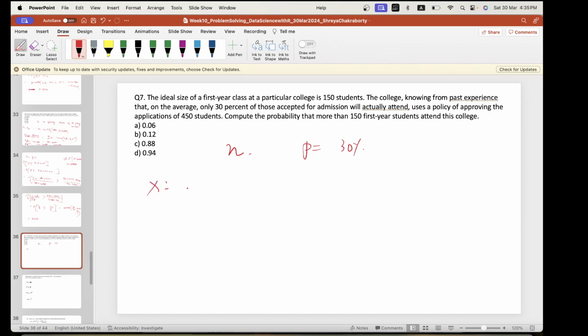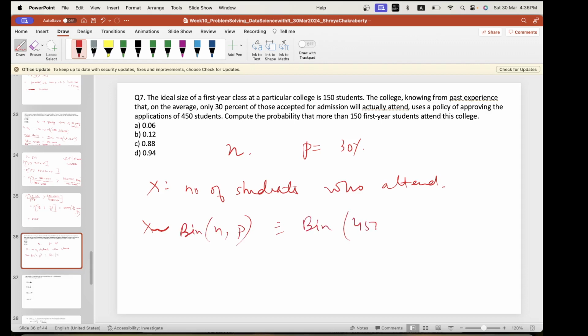So if X is the number of students who attend, then X follows a binomial with n and p, where this is binomial 450 and 0.3. Now the probability is, compute the probability that more than 150 first year students attend this college. So probability X greater than 150.